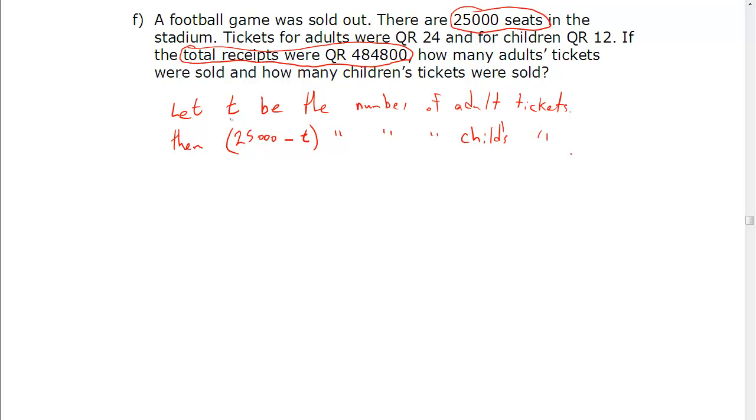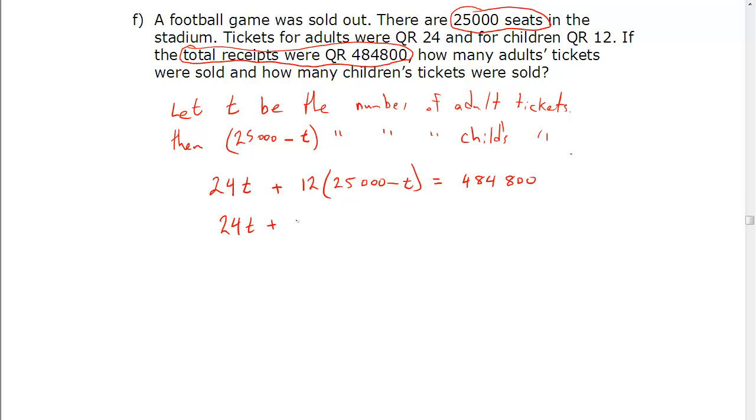So there's the number of adults. Take all of them minus adults, that leaves us with children's tickets. And then we need an equation, so we take the cost for an adult ticket times the number, plus the cost for a child's ticket times the number of children's tickets, and add them together, we get the total for all the tickets, which is the total receipts. And now it's just a matter of solving the equation.